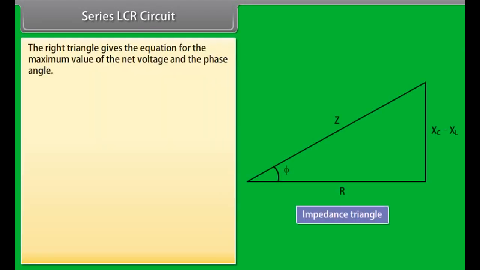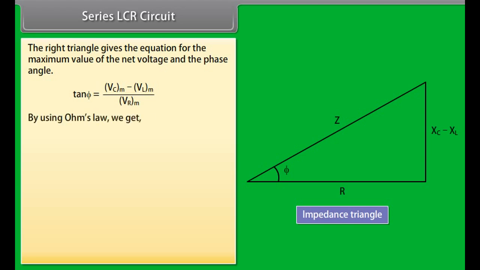The right triangle gives the equation for the maximum value of the net voltage and the phase angle. Tan phi is equal to (VC maximum minus VL maximum) upon VR maximum.